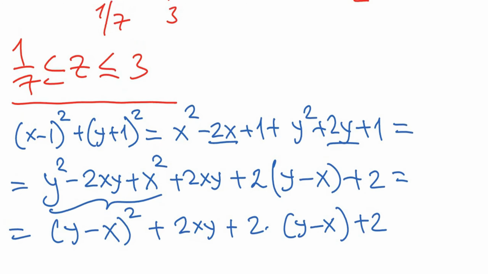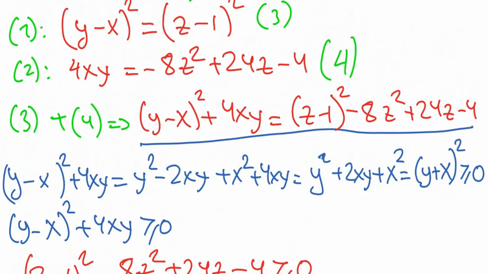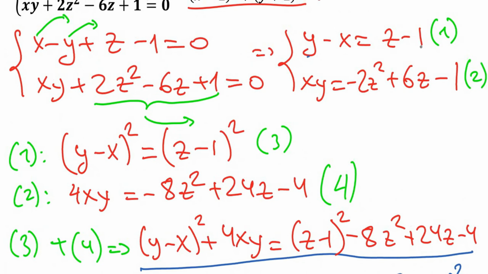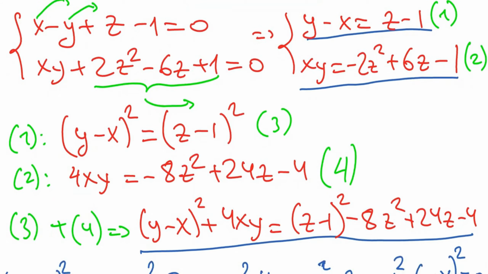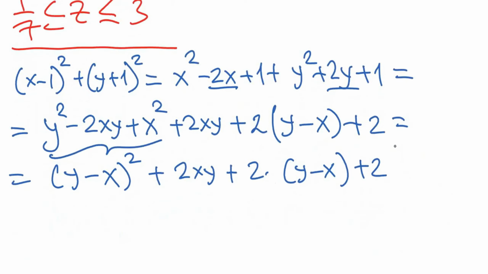But as you remember, we already said that y minus x is equal to z minus 1, and xy is equal to, let me show it here. As you remember, y minus x was z minus 1 and xy was minus 2z squared plus 6z minus 1. So therefore, let me plug into these two expressions.